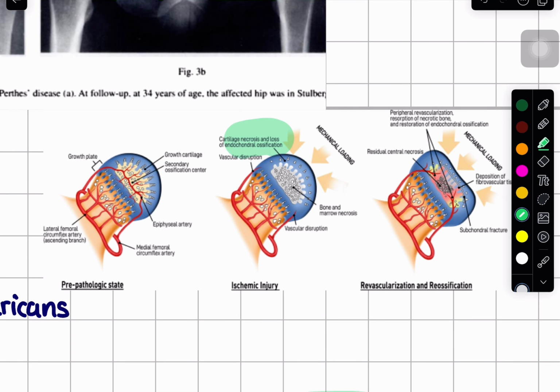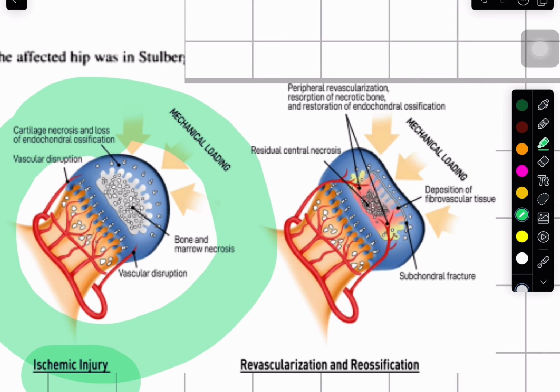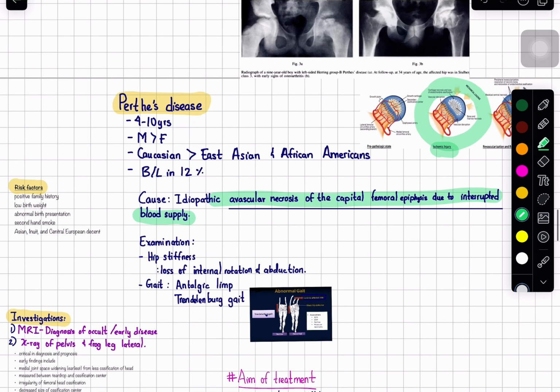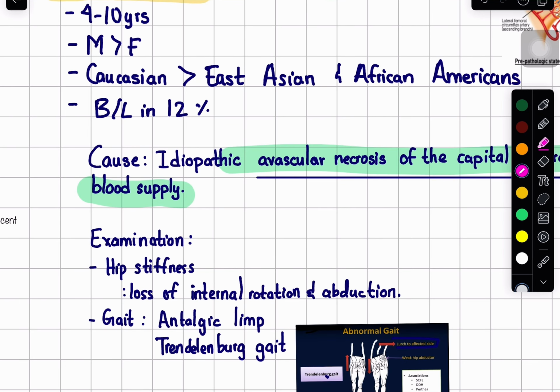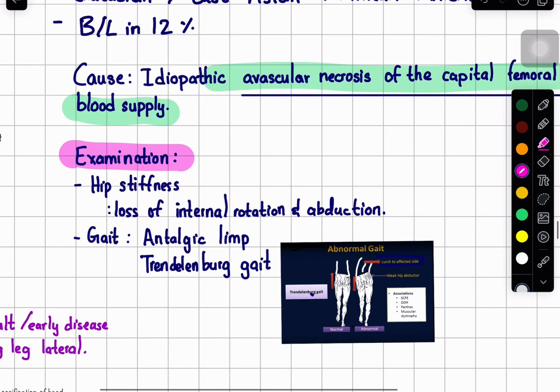There is interrupted blood supply, as you can see here. So in examination, there will be stiffness, loss of internal rotation and abduction, and gait will be antalgic, and you can see Trendelenburg gait.